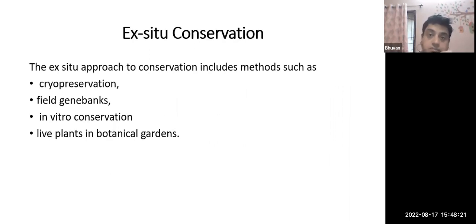agrobiodiversity conservation. Next is the ex situ method of conservation of the agrobiodiversity, and that includes cryopreservation, in which the plant genetic material is basically saved in liquid nitrogen at an ultra low temperature of minus 193 degrees centigrade.